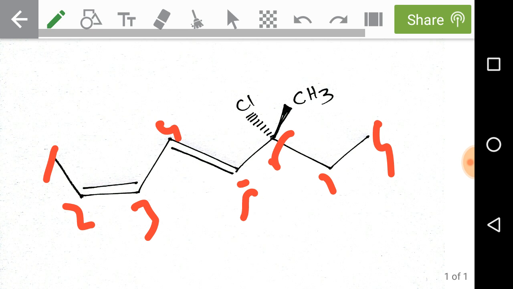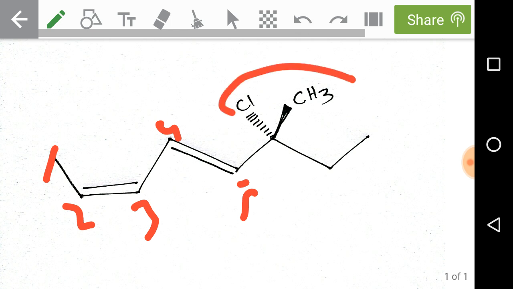Now after giving the numbering on the parent chain, look at the substituents. We have two substituents, chlorine and methyl group, and they are both on the 6th carbon.